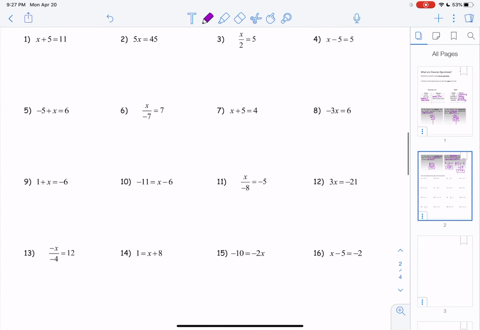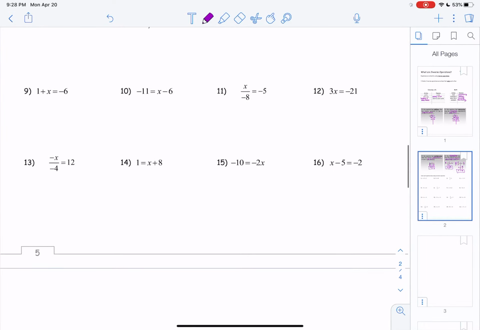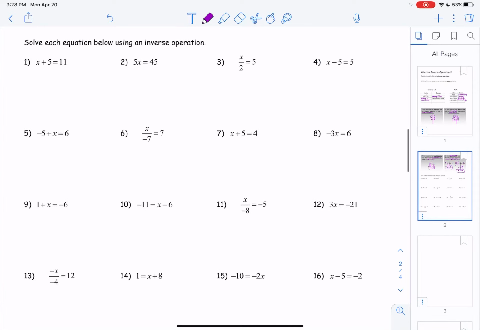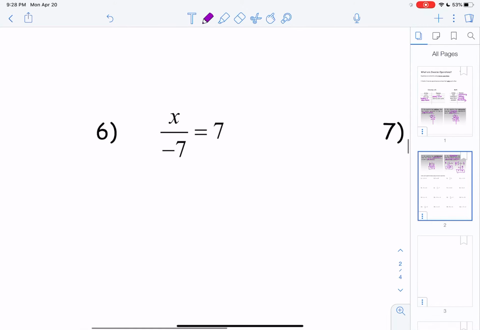All right guys, since it is quite a few problems, I'll go ahead and do some with you. For example, let's look at a trickier one. Let's look at number 6. What is going on here? Go ahead and name the operation. Am I adding, subtracting, multiplying, or dividing? So, x over negative 7 equals 7.